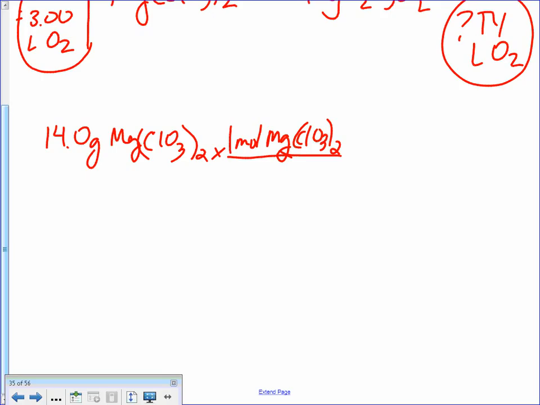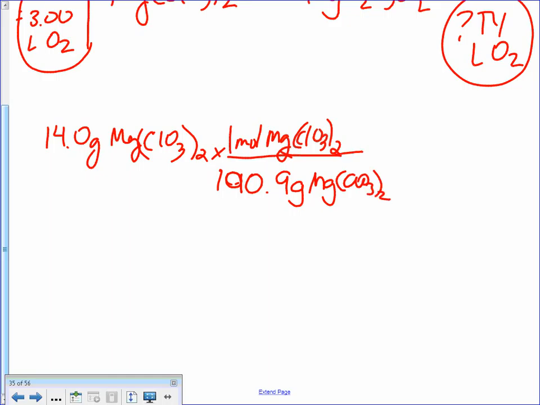I just want to make sure. 190.9 is what I had written originally, so I'm going to stick with that for now. Okay, so that's giving us moles of magnesium chlorate.